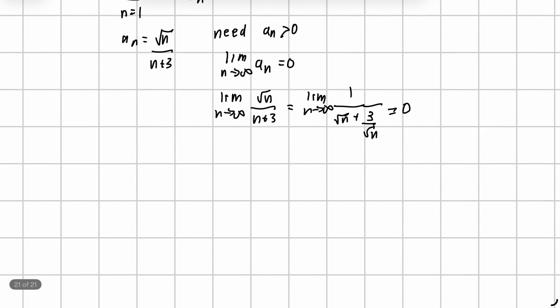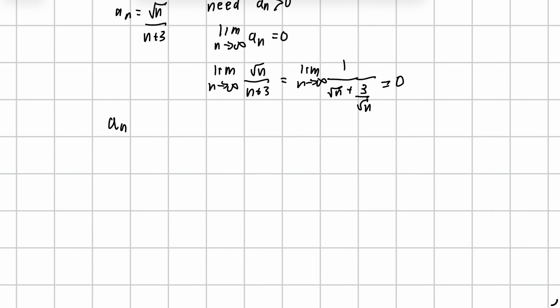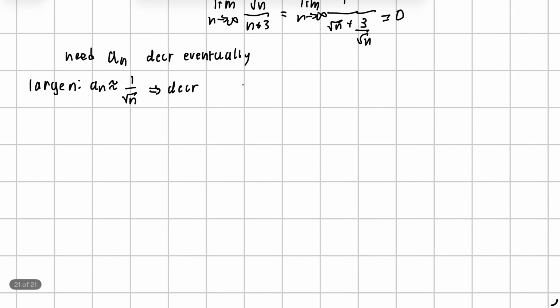So what we need is for a sub n to be decreasing eventually. What we can notice is that when you have a large n, a sub n is approximately 1 over the root of n, and this is going to decrease. More formally, we can say that f of x is equal to the root of x over x plus 3. If we differentiate this, we have f of x equal to x to the power of 1/2 times (x plus 3) to the power of negative 1.